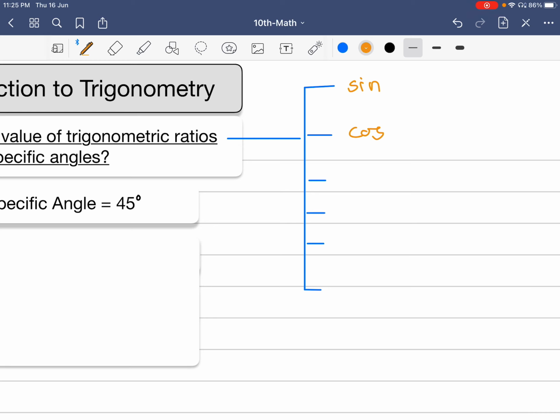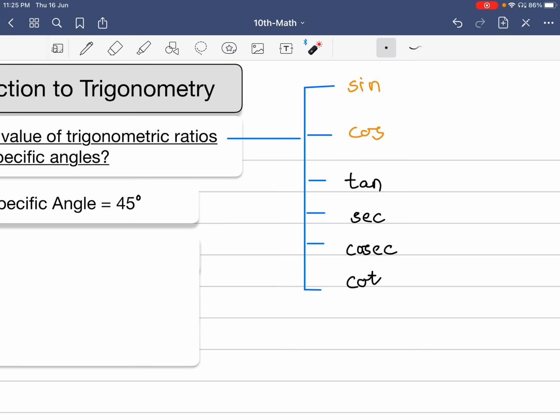The rest 4 trigonometric ratios are derived from the values of sine and cos. The third one is tan. Tan is basically sine divided by cos. Then we have sec, which is basically reciprocal of sine. Then we have cosec, which is basically reciprocal of cos, and then we have cot or cotangent, which is reciprocal of tan.